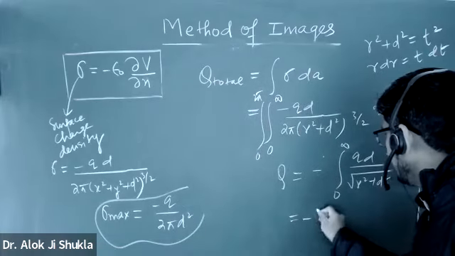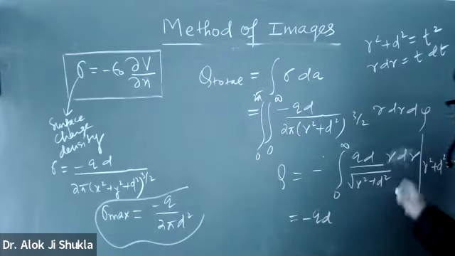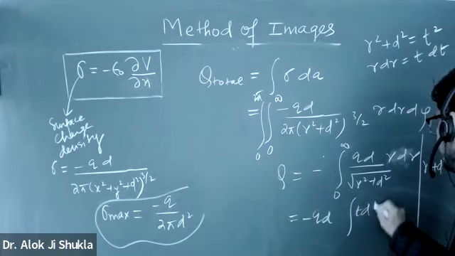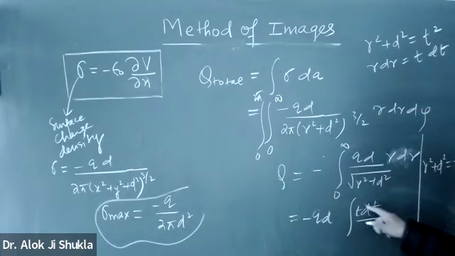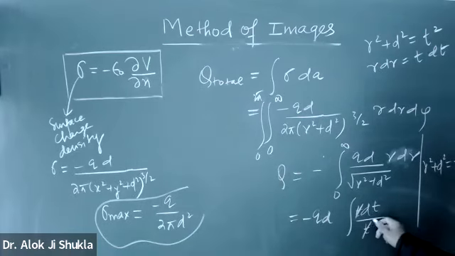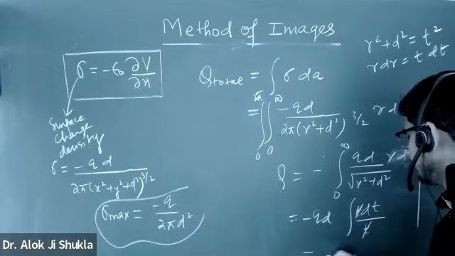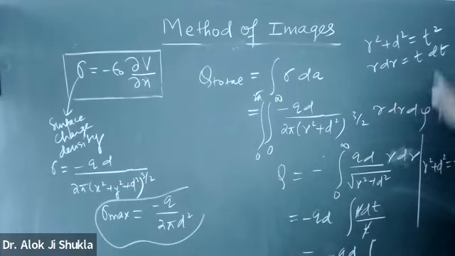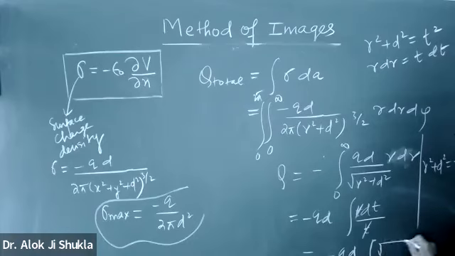It will become minus qd, r dr will become t dt, and the denominator t cubed, so t and t will cancel. The limits will change in terms of t and then put it back, so it will become r square plus d square.